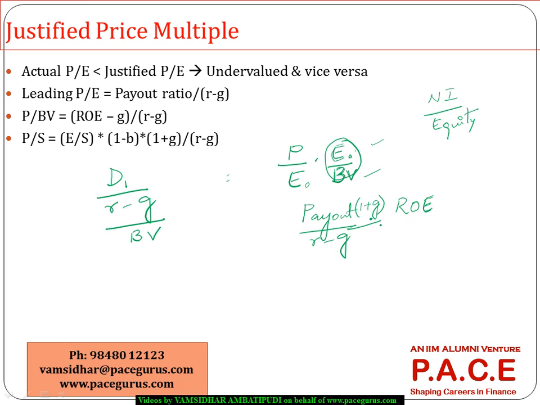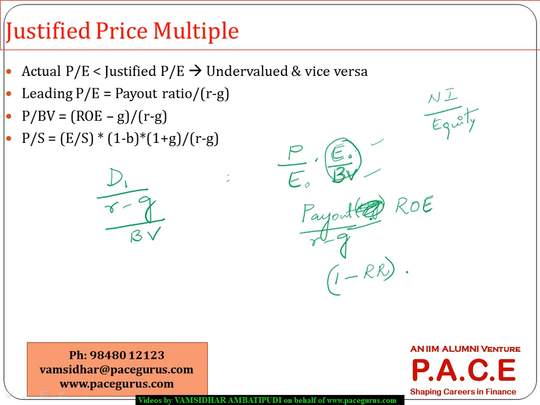So now we can very well write it as payout into ROE by R minus G. Now how do I write the payout? Payout is 1 minus retention ratio.